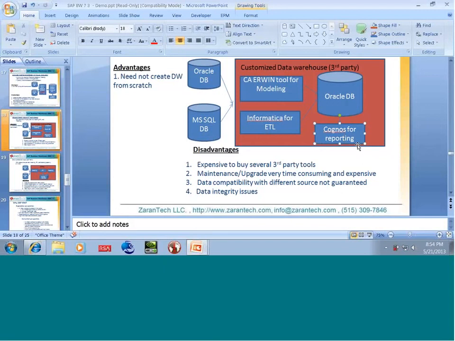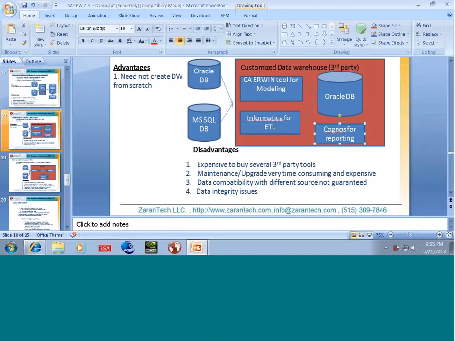Again, data integrity. So this is a third-party tool. This third-party tool is only concerned about modeling. This third-party tool is only concerned about ETL processing. This is only concerned about Cognos reporting. This Cognos reporting does not care what is happening at the modeling level or at the ETL level. So for the data that is flowing into the system, there is a potential for a data integrity issue.